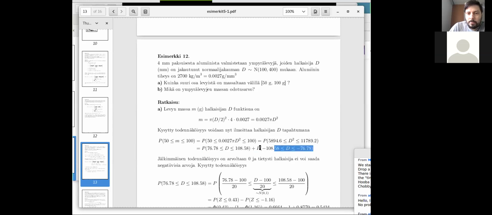We're going to eliminate this and assume that this is 0. Actually, this is not correct, technically. If we assumed that d is normally distributed, then this would have a very small but still non-zero probability. But it's so small and physically impossible, so we're going to eliminate the diameter being negative.